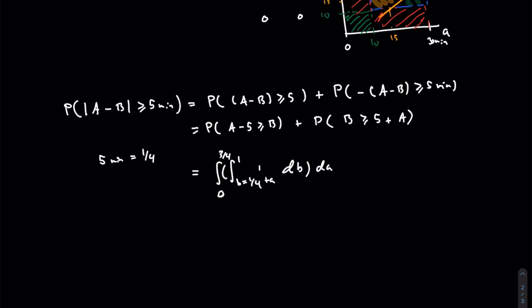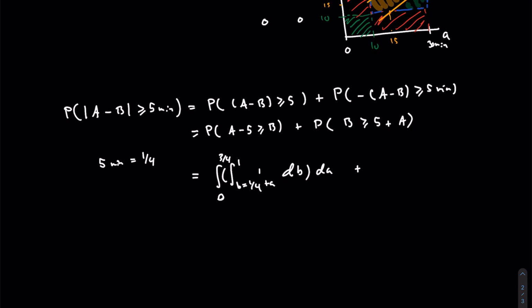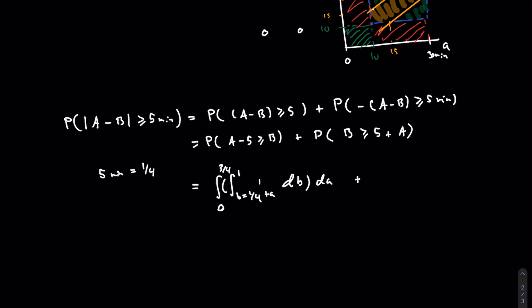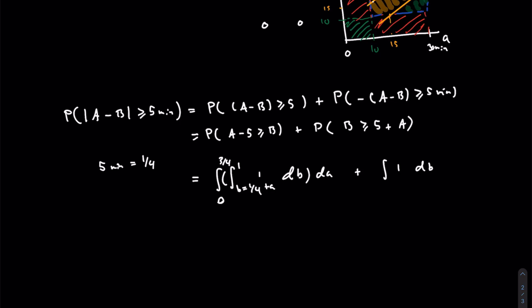Now we have the other triangle plus, and that starts. So let's start with the inner triangle. That starts at, going to integrate over B first. Density 1.